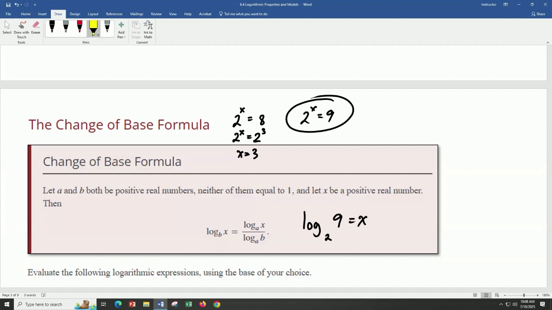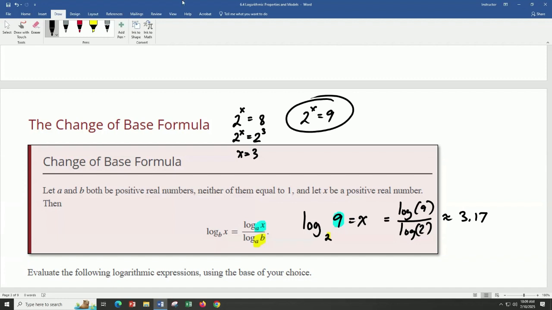So if we want to color code this, you're going to be dividing this, and then you're going to be putting this guy here on top. And actually, I should color all that in if I want to be intentional about everything. So notice what you're actually going to be doing for this one. If I wanted to rewrite this one, to find out the answer, it would be the log of 9 divided by log of 2, which is nice. And just like we thought, that would give us 3.17.